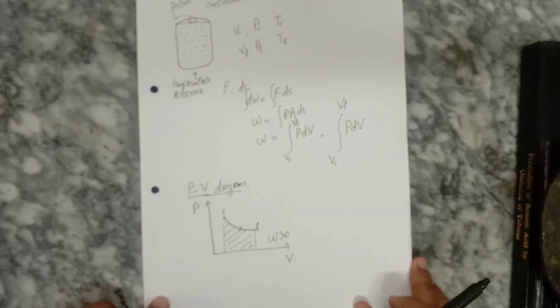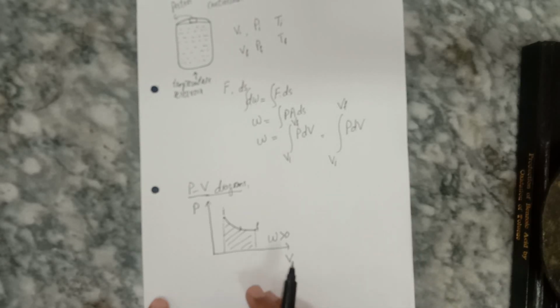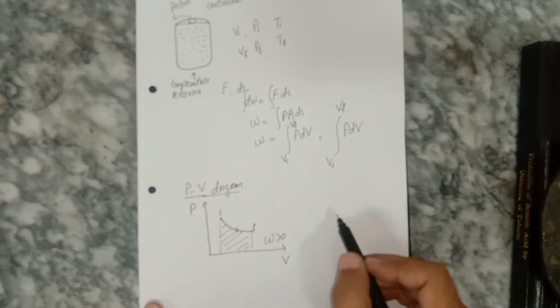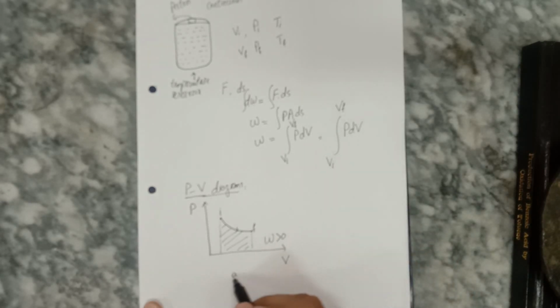As the pressure is decreasing, one can say that the temperature has decreased, and this decrease in temperature represents a loss of heat of the system. This is my figure A.